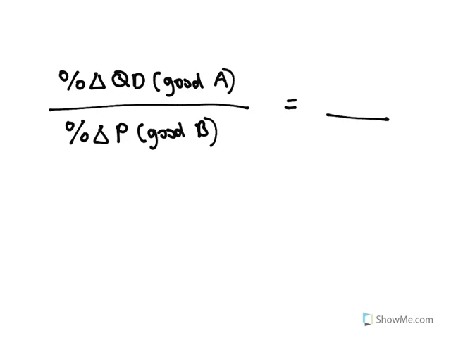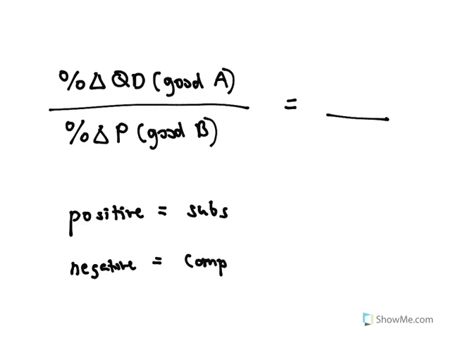Now, here's the deal. Notice that we're not doing absolute value here. And the reason is incredibly important because it's the sign of the coefficient that tells us if they're complements or substitutes. So if the coefficient is positive, then the two goods are substitutes. If the coefficient is negative, then the two goods are complements.